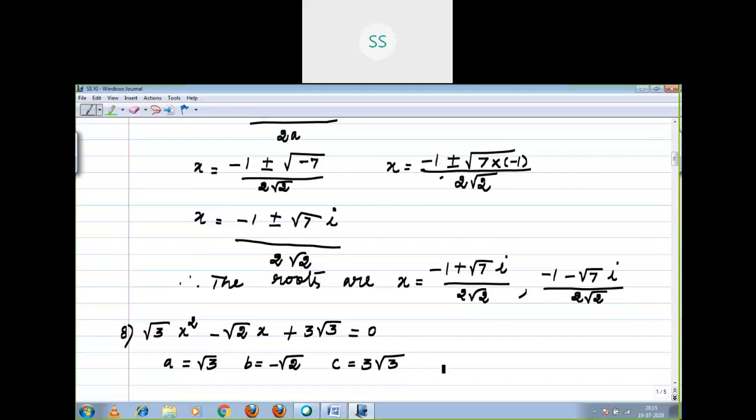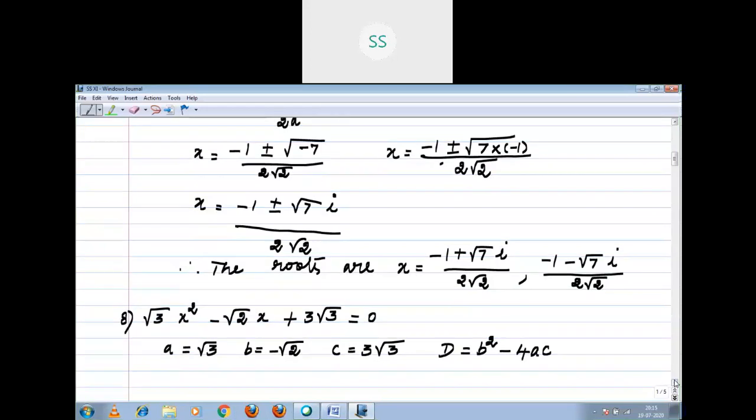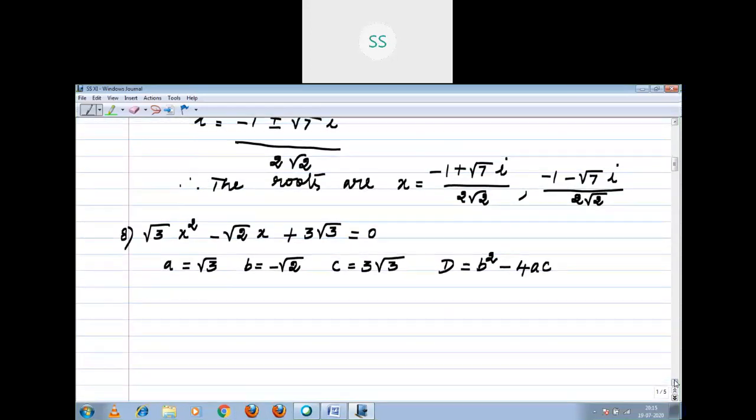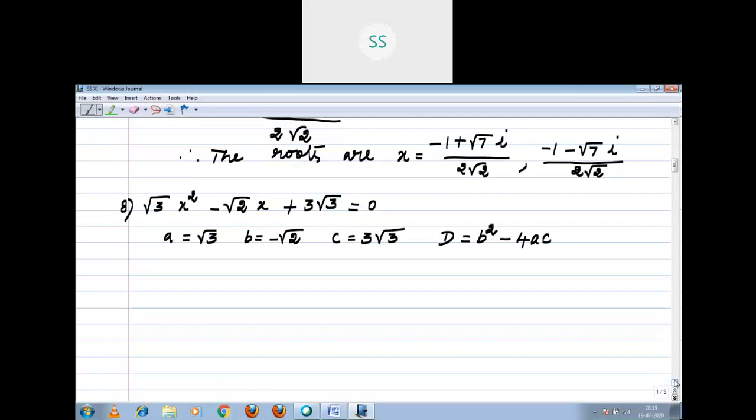Then D is equal to b square minus 4ac. D is represented as discriminant. Now, D is equal to, what is your b?